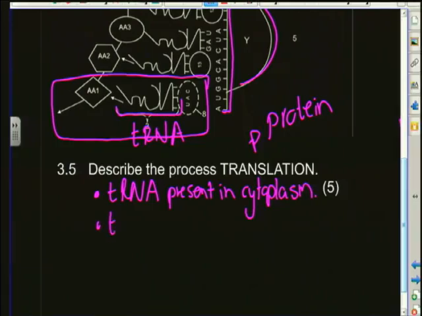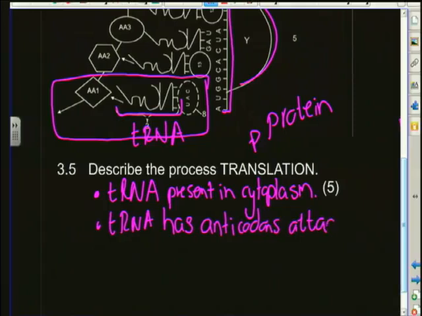The tRNA has anticodons attached. Right, so look here. There's my anticodon. So I'm looking at the diagram. The diagram says I've got a tRNA. Attached to it is my anticodon.